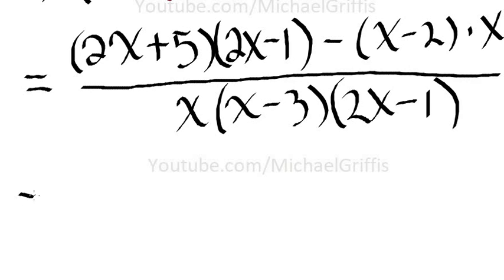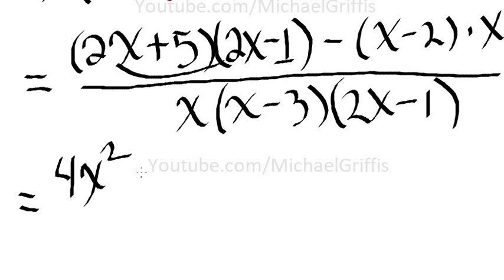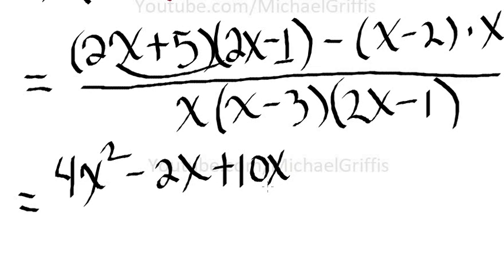What we'll need to do now is multiply that numerator. Yeah, it's time to multiply everything out. So we have 2x times 2x is 4x squared. 2x times this minus 1 is going to be minus 2x. And then 10x, 5 times 2 is 10x, and 5 times negative 1 is minus 5.